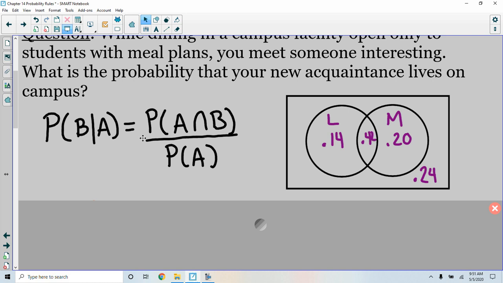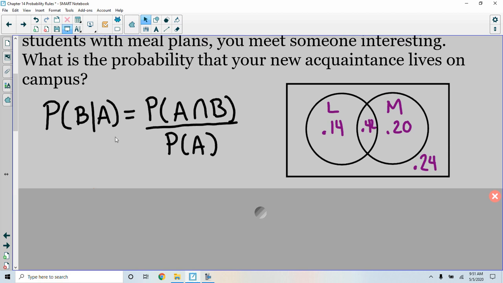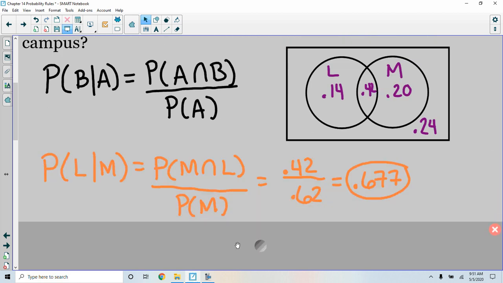And so this probability statement reads, what is the probability of event B given, this line means given, event A has already happened. So in our scenario, we want to know the probability the student lives on campus given they have a meal plan. We already know they have a meal plan. And so we find that by taking the probability that they both happen, that and probability, and dividing by the probability that that student has a meal plan.